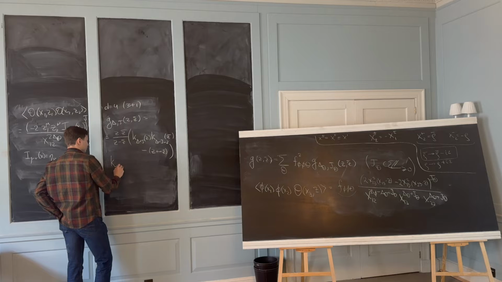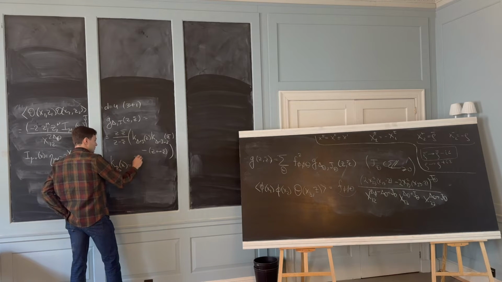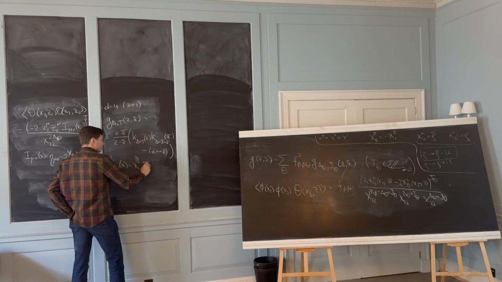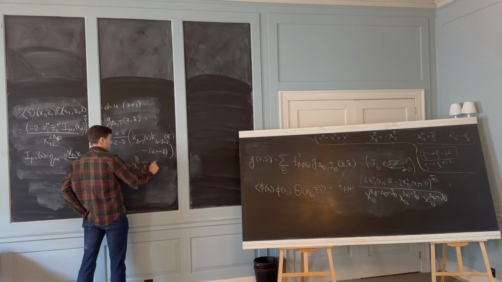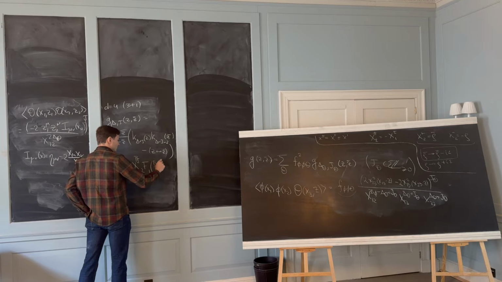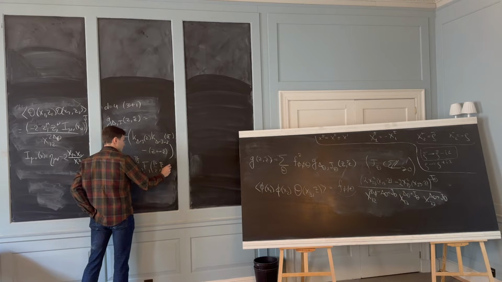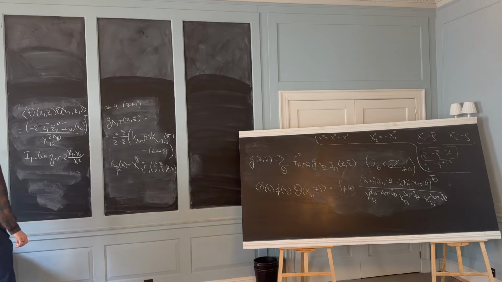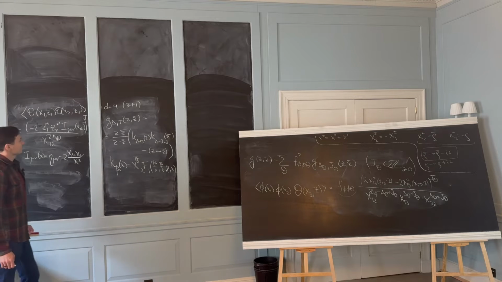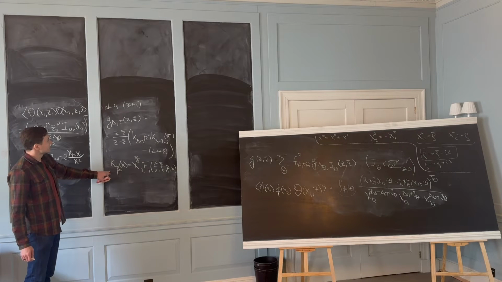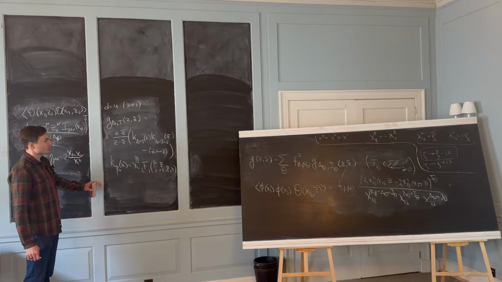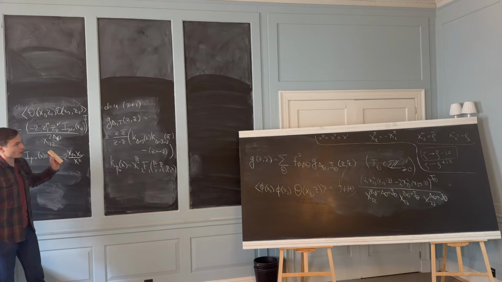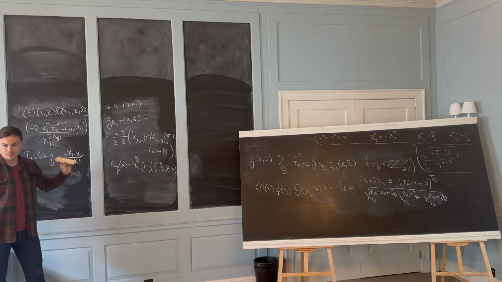And k beta of x is a special function equal to x to the beta over 2 times the hypergeometric function 2F1 of beta over 2, beta over 2, beta, x. So this is an example of a particular conformal block which appears in the 4-point function of scalar operators in 4 dimensions.